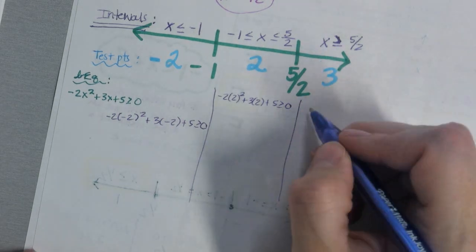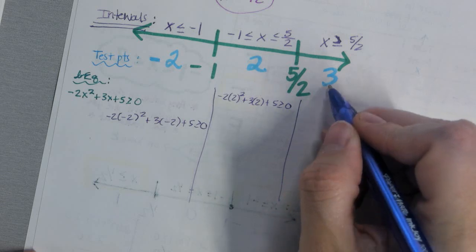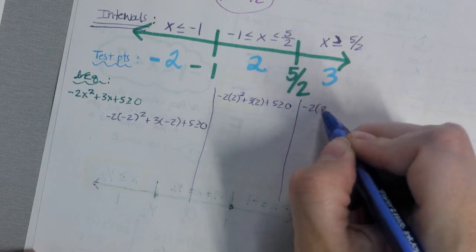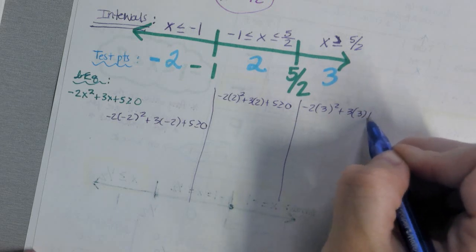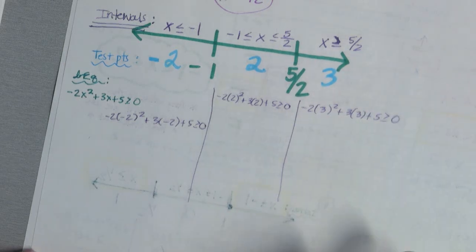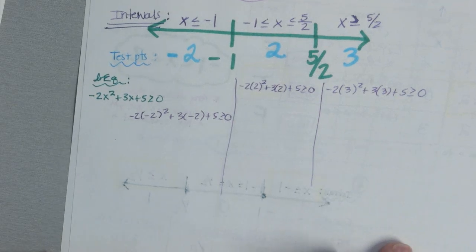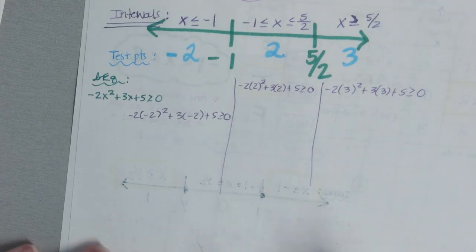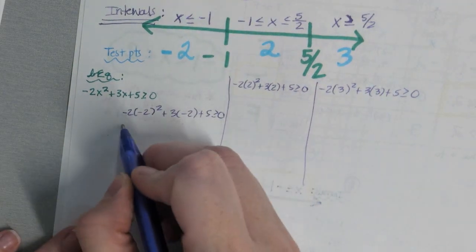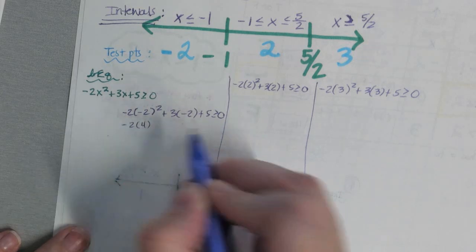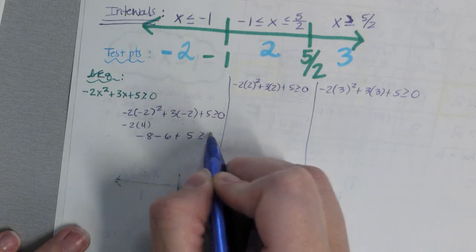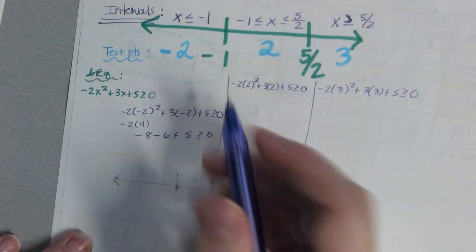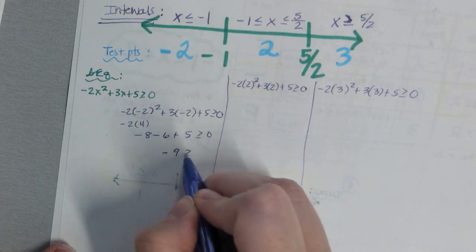And then this one, we chose 3, so -2 times 3 squared plus 3 times 3 plus 5, greater than or equal to 0. Then we're just going to evaluate, right? -2 squared is 4. -2 times 4 is -8. So this is -8 minus 6 plus 5. -14 plus 5 is -9.